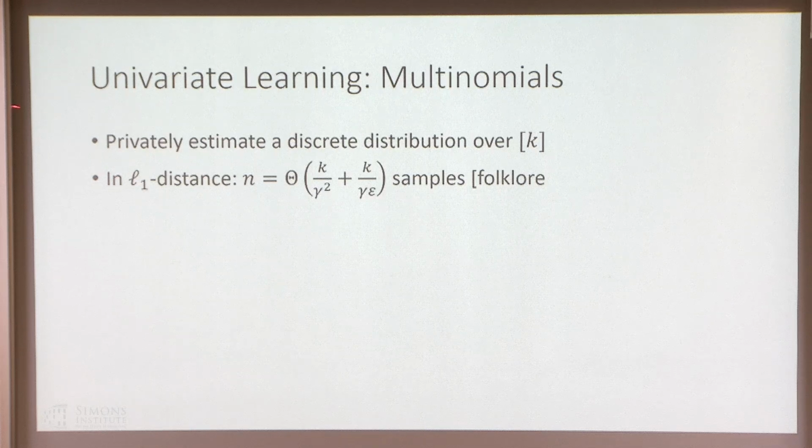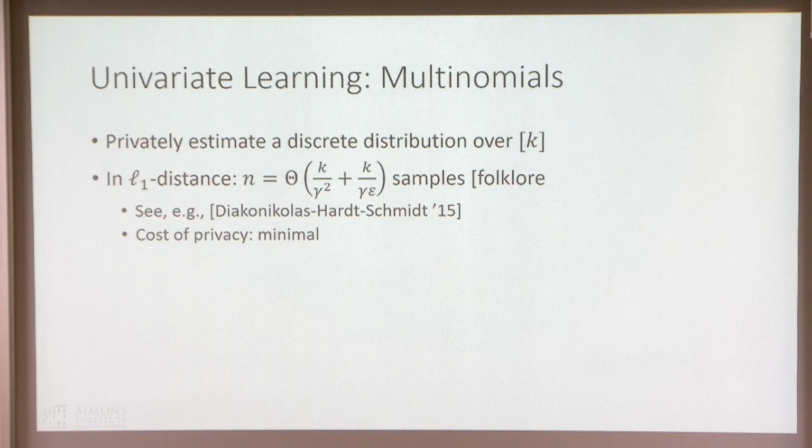So essentially no additional cost in the domain size and minimal cost in terms of privacy. You can see this calculation, for example, in a work by Ilias, Moritz, and Ludwig. But the point I'm trying to get across is that the cost of privacy is really minimal in the sense that nothing changed too much. I consider this to be a minimal increase.